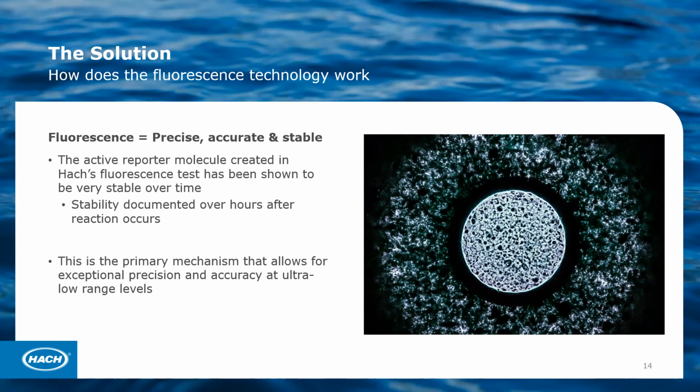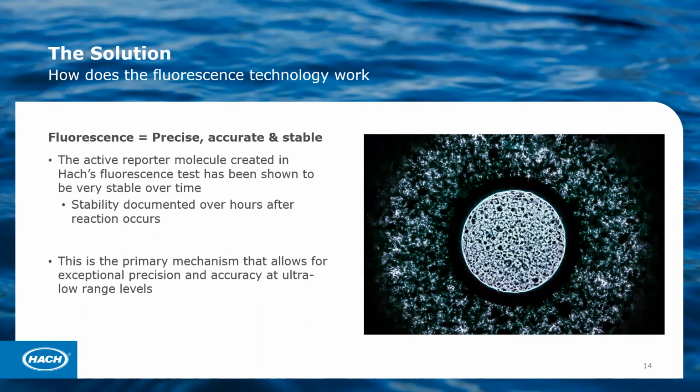At Hach, and I'm sure some of our competitors, we would advise you to measure at that specific time after the reaction has been completed. That's because that is where the peak color development has happened and the most accurate concentration can be gathered.